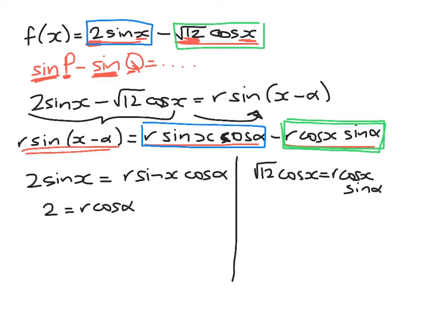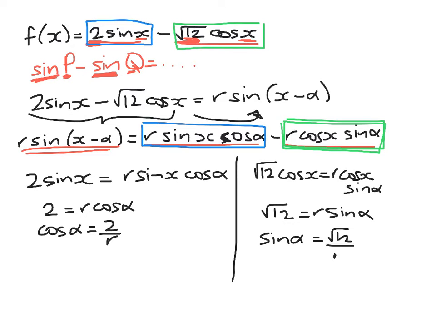and cos alpha is equal to 2 over r. On this side, I've got root 12 is equal to r sine alpha. So sine alpha is equal to root 12 over r. So the next step is to draw my little triangle.